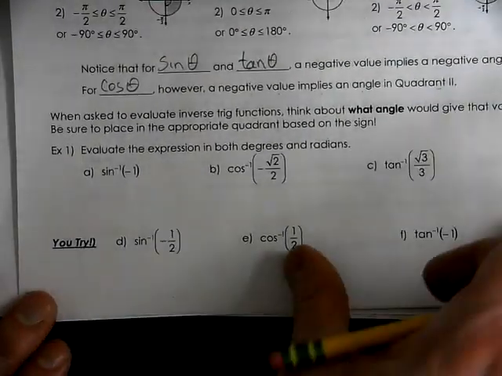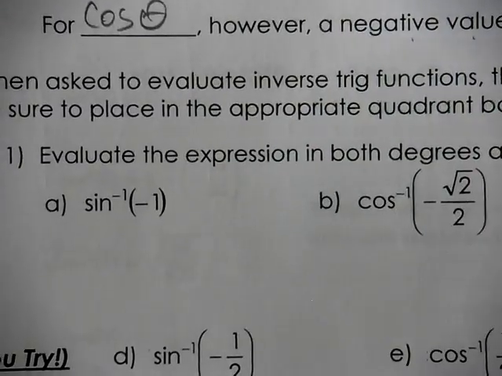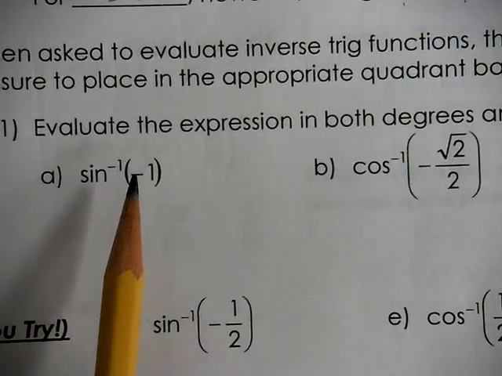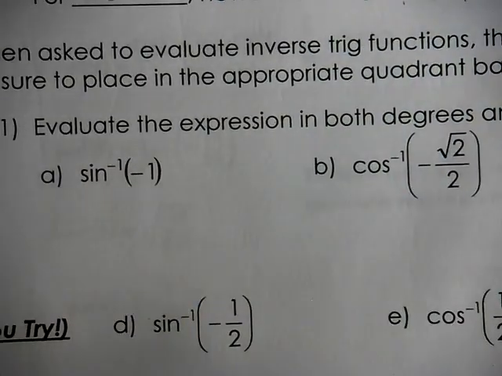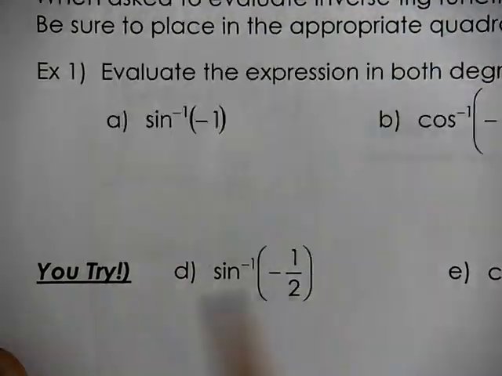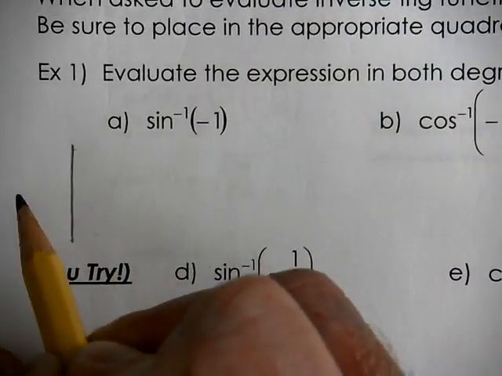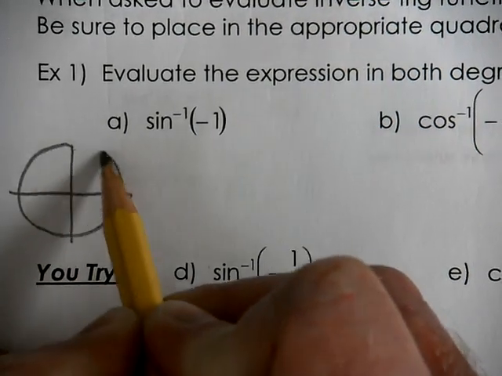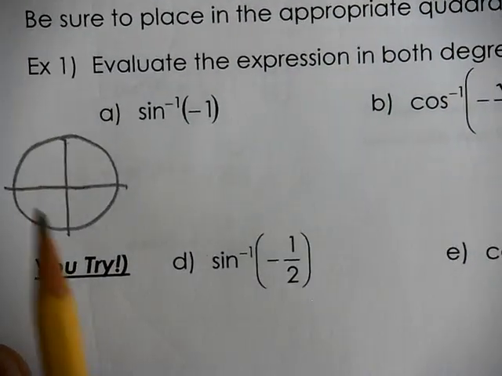So, what we're being asked here is, what is the angle that has a sine of negative 1? Now, if you could look at your unit circle, that would be wonderful. I would rather have you be able to create your own image.